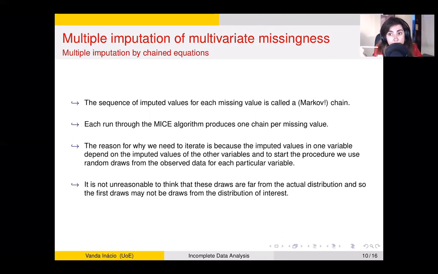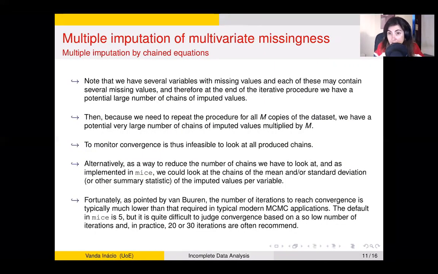And so possibly in the very first few iterations of the algorithm, we are not sampling from our distribution of interest. And remember that mice is based on the idea of MCMC, and so basically we are not at the stationary distribution, and that's why we need to iterate. And so here it's important also that we monitor the convergence of the chains of the imputed values.